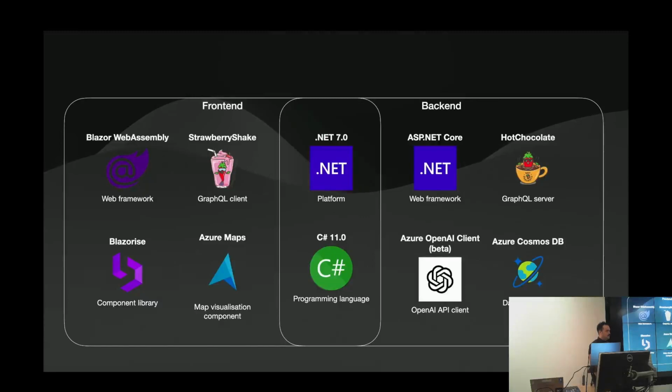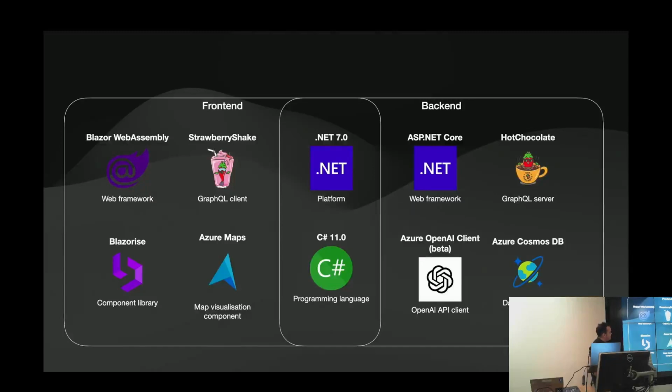In fact, I don't think I wrote any JavaScript when creating this application. We've got the StrawberryShake GraphQL client. I've got the Blazorise component library, which uses the Bootstrap CSS framework in the backend. And we've got the Azure Maps map visualization component, which is a Razor component, but we can pull it into Blazor.